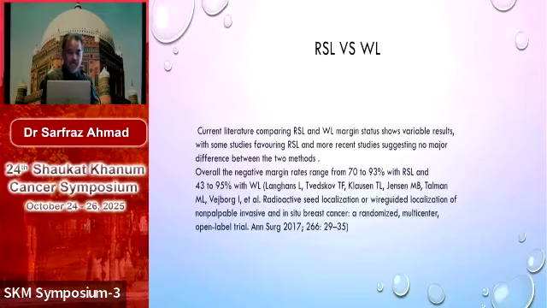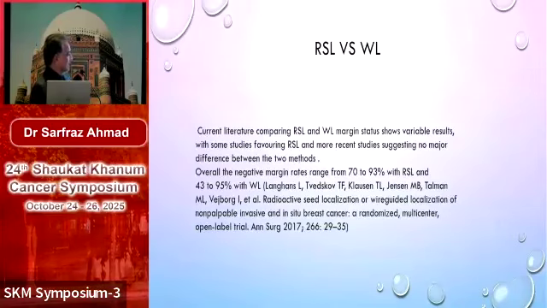So, radioactive seed localization versus wire localization. Many papers have been published which showed that radioactive seed localization is better when it comes to negative margins. If you remember, we discussed this slide earlier, which shows what we mean when we say negative margins.